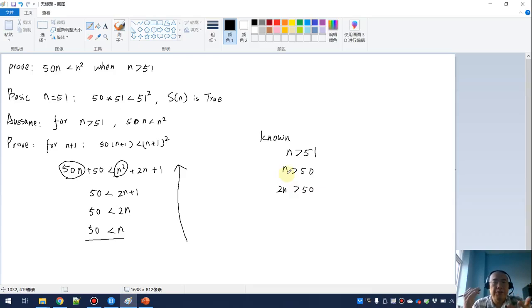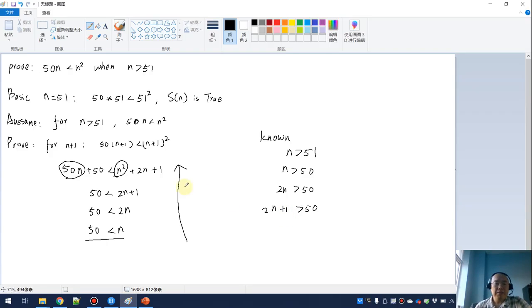So we started from the obvious thing, and then we move down. If 2n is already greater than 50, then 2n plus 1 is of course greater than 50, because I'm adding one more positive value to the left side.